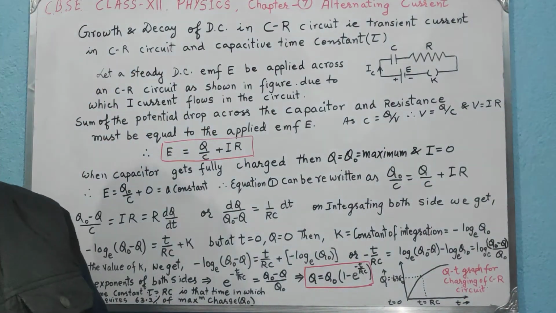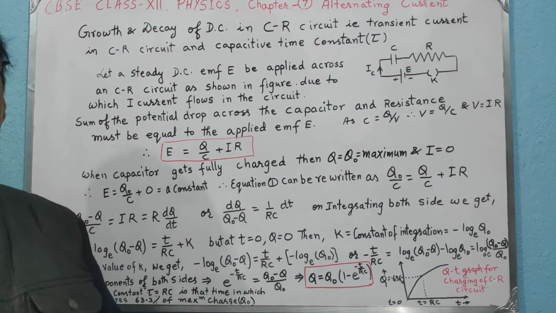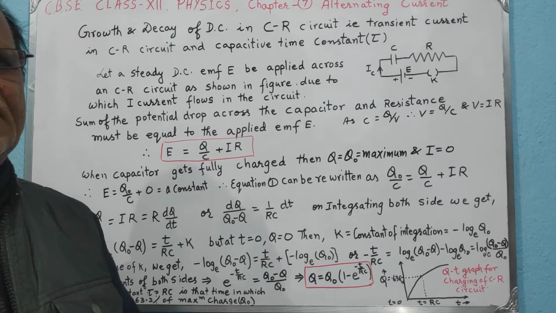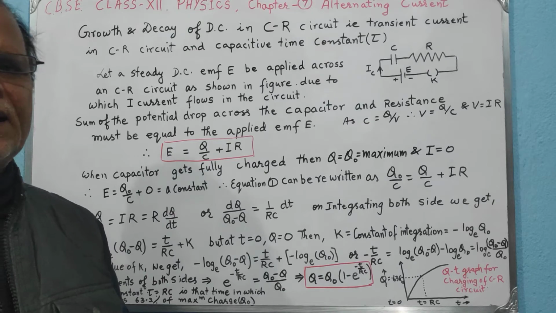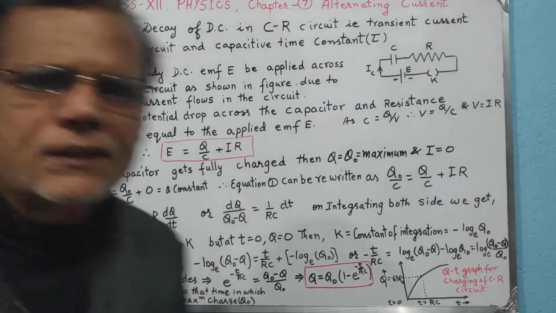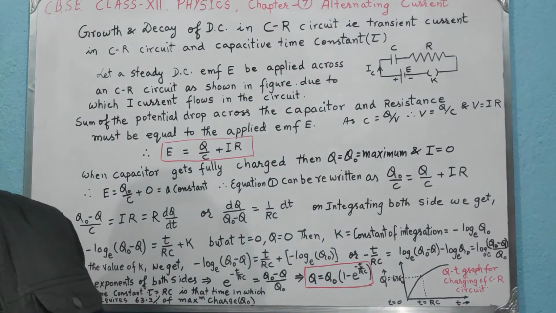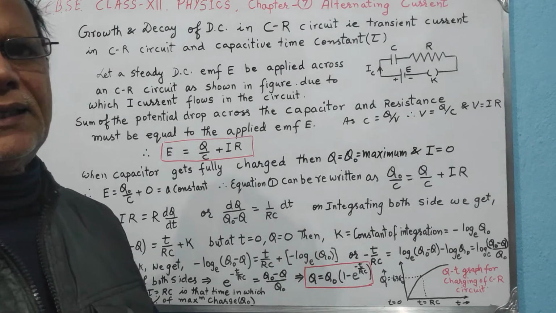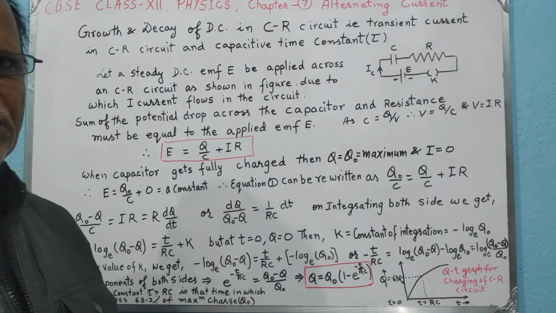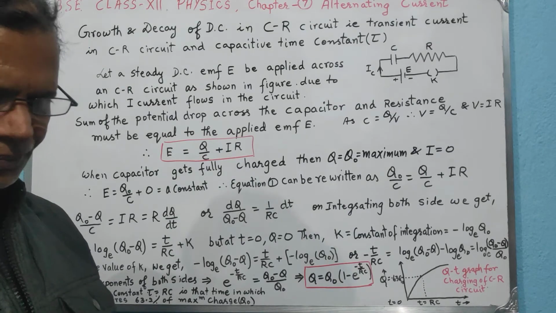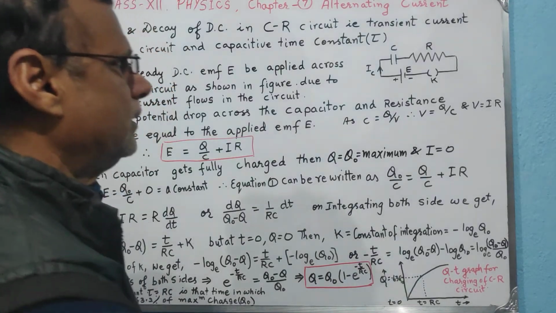Dear students, today we are going to talk about transient current flowing through a CR circuit, means a circuit which is having a capacitor and a resistance, and a steady EMF, that means a DC source, is connected to the circuit as shown in this figure.